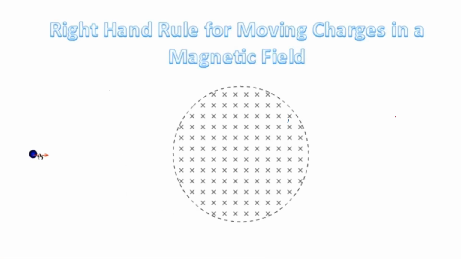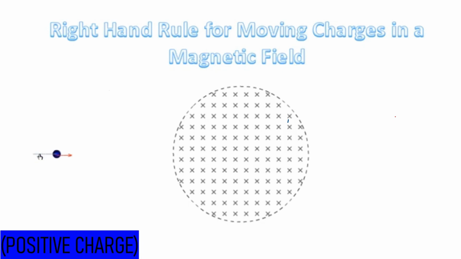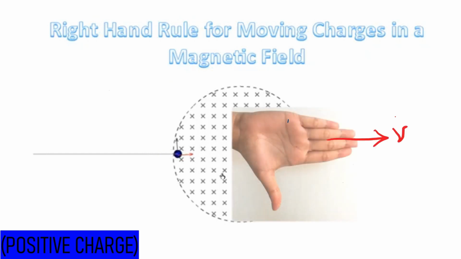Let's see this situation. A positively charged particle is moving to the right and the direction of the magnetic field is into the page. This red arrow here shows the direction of velocity. To check the direction of the magnetic force at this point, open your right hand like this, point your fingers in the direction of velocity, and then point your palm in the direction of the magnetic field.